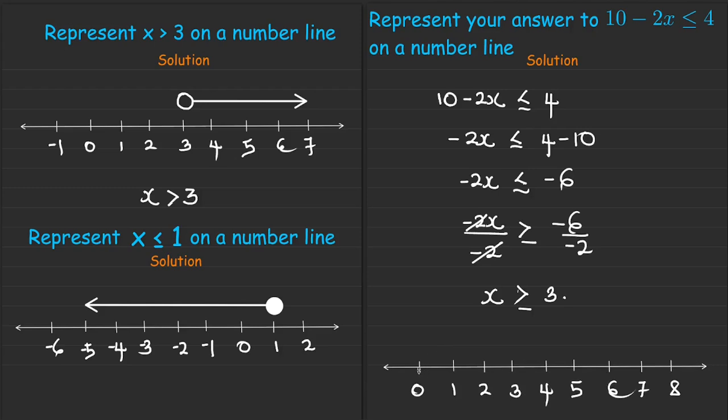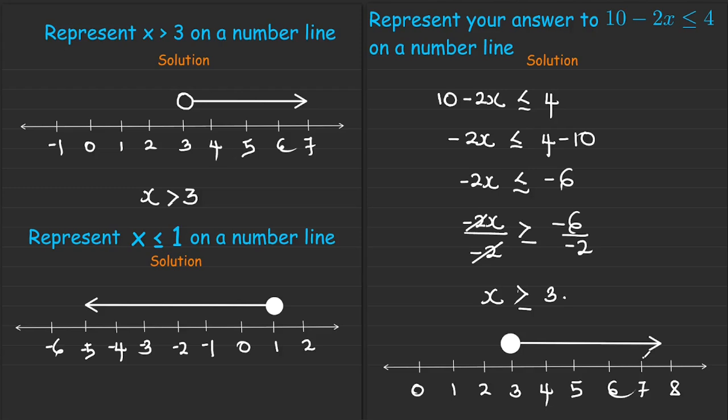That is, it includes 3. So I'll put my closed circle on 3. And then my arrow is going to point to the right.